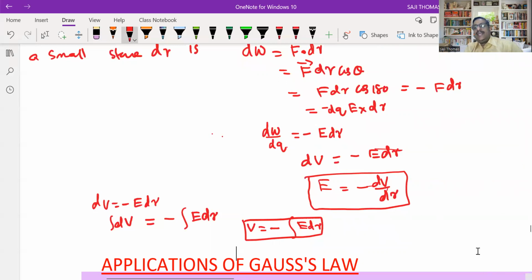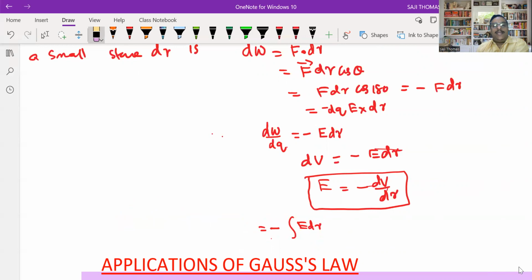Remember. And you see this equation. From this equation, we can make two conclusions. E is equal to minus dV by dr.